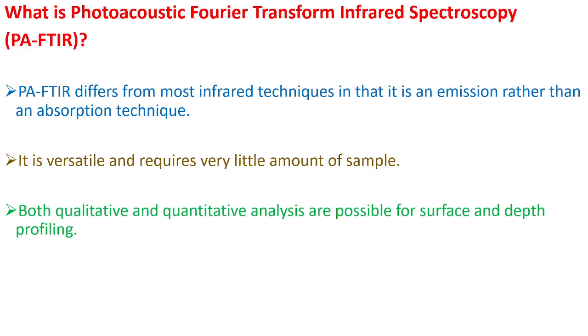The most important thing is PAS can do both qualitative and quantitative analysis, and is also possible for both surface and depth profiling. That is a little bit difficult if you go for FTIR. Why it is difficult, we will discuss in a later section.